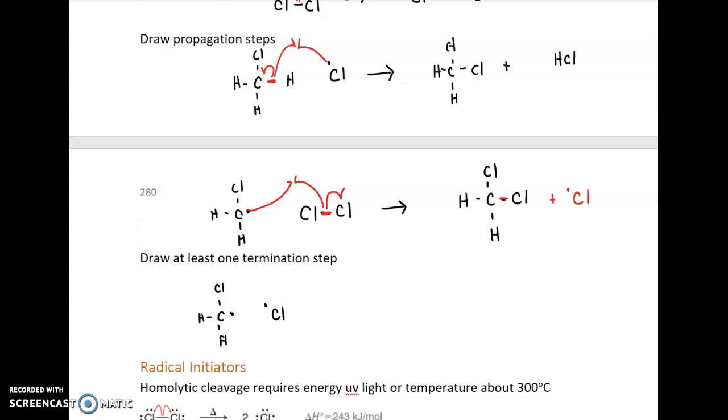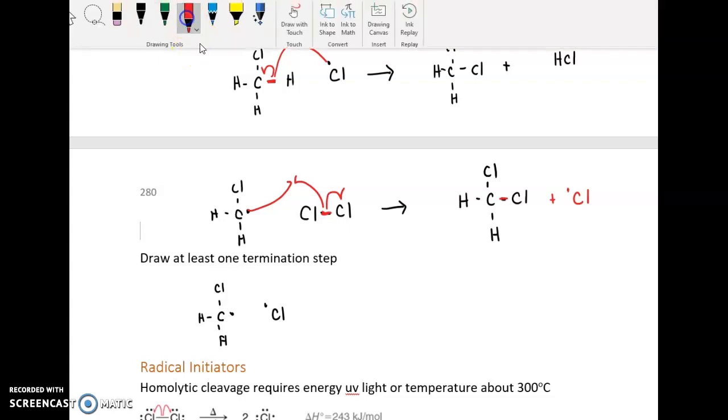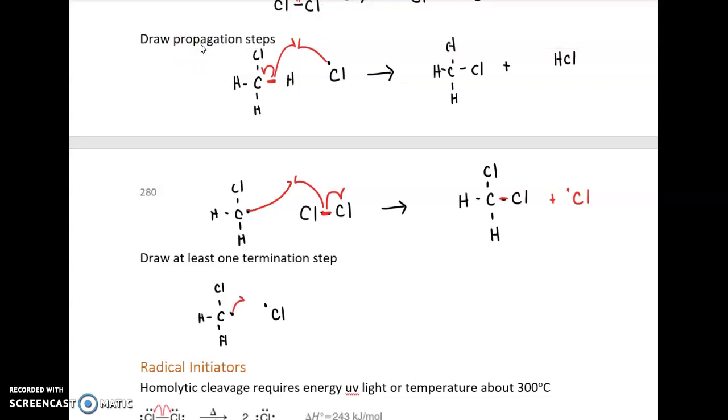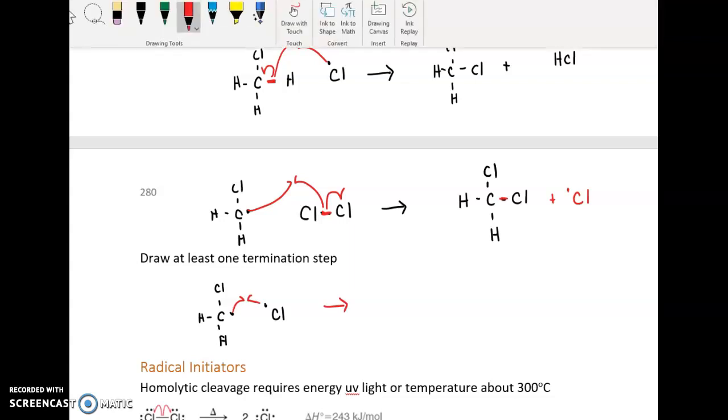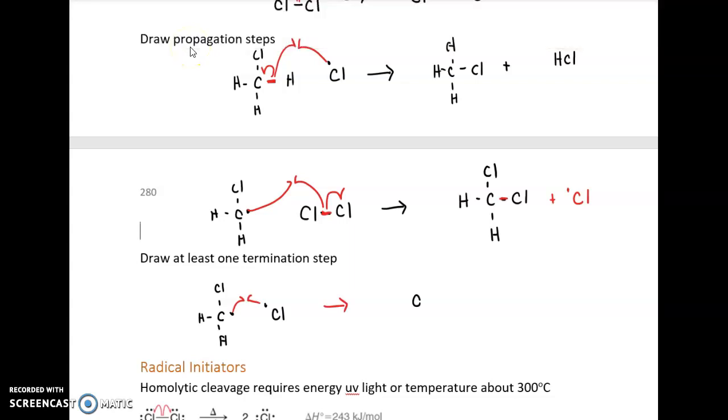And what will happen here is these two will get together, they'll make a bond, and this is our product, it's the same product, but no radical is made. So it doesn't propagate. That's why we call it a termination step.